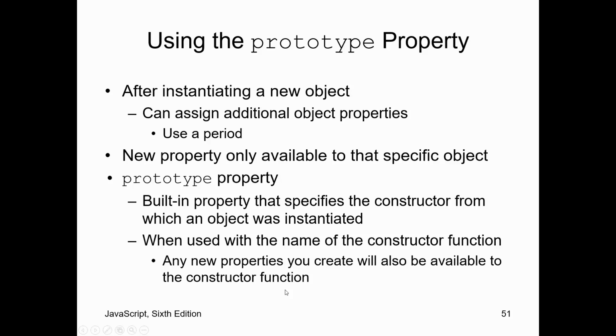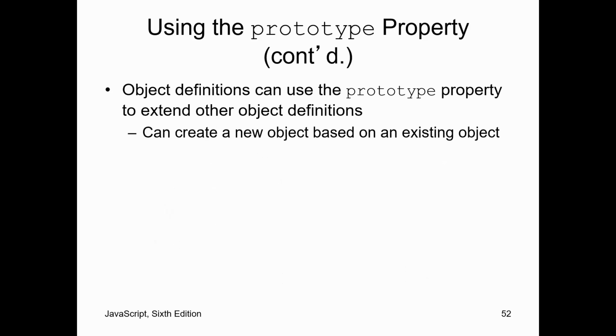After you instantiate or create a new object, you can add additional properties to it. This is very unique. Most languages are not like this. The new properties are only available to that object. However, if you use what's called the prototype property, when you use that with the name of the constructor function, then any new properties that you create will be available in the constructor function.